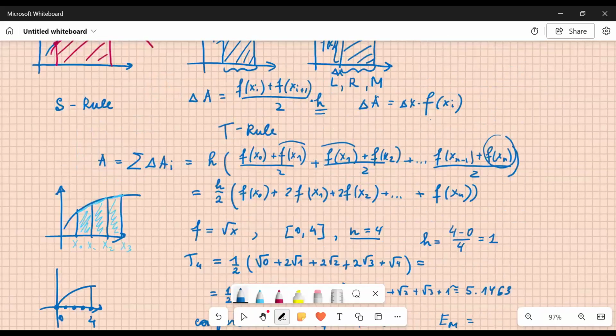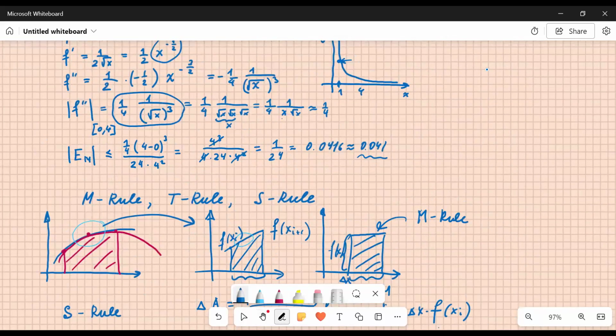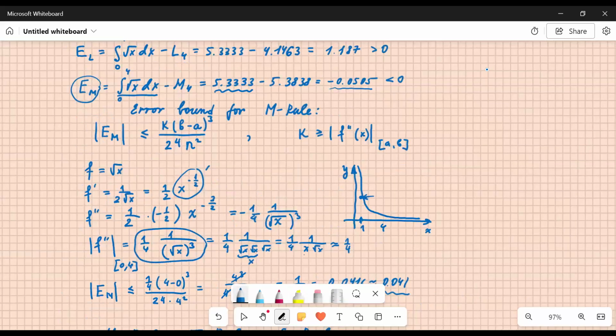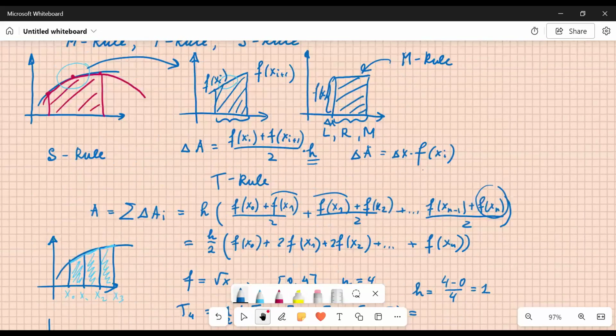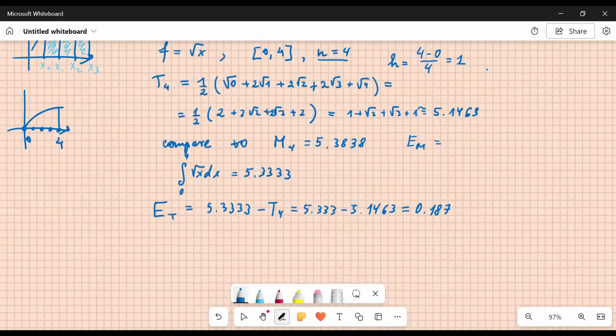We need to scroll up and look at what it was for the midpoint rule. That was the formula for the midpoint rule. It was minus 0.0505. You see, despite the fact that the approximation looks better on the picture, the error of estimation, if you compare it to the actual, precise value, is still better for the midpoint rule. The error is smaller for the midpoint rule.